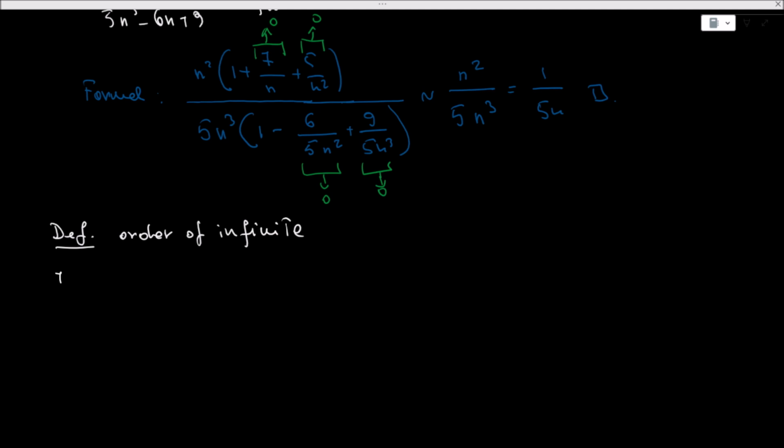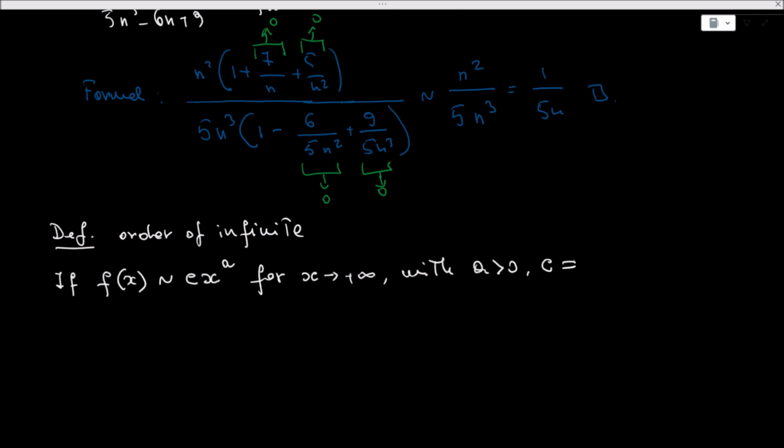We just need to say that the function f of x is equivalent to cx raised to the a for x that goes to plus infinity, with some a real positive number and some real number c different from 0.